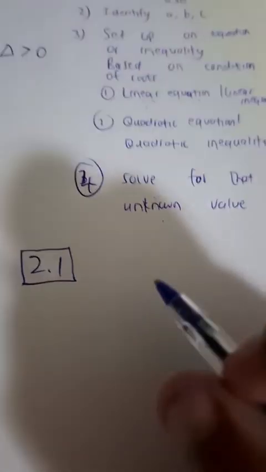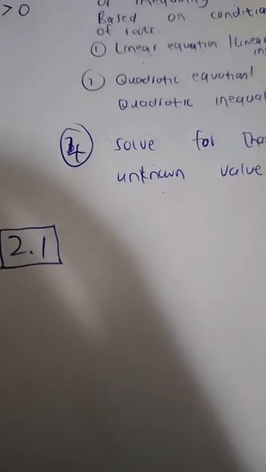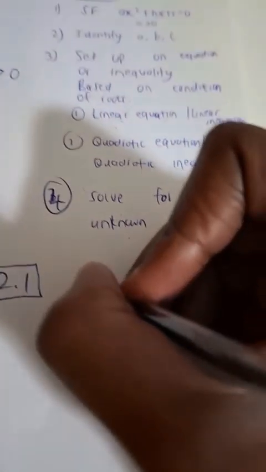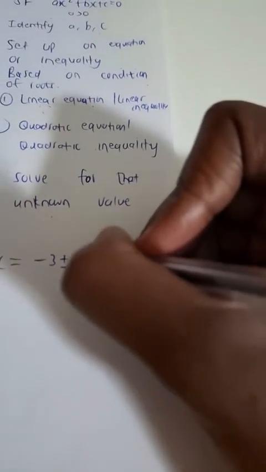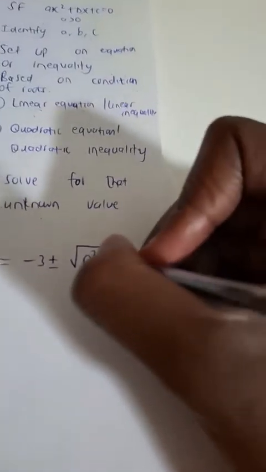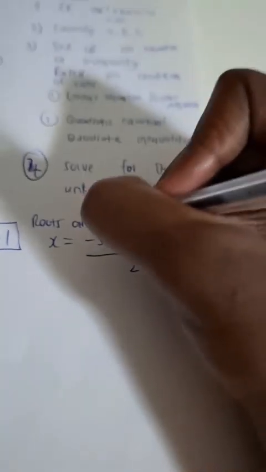So type 2.1 of those types of questions, which are for which values, is when you are actually given, let's say, x is equal to minus 3 plus minus the square root of p squared minus 9 over 2. So they tell you that the roots are given.